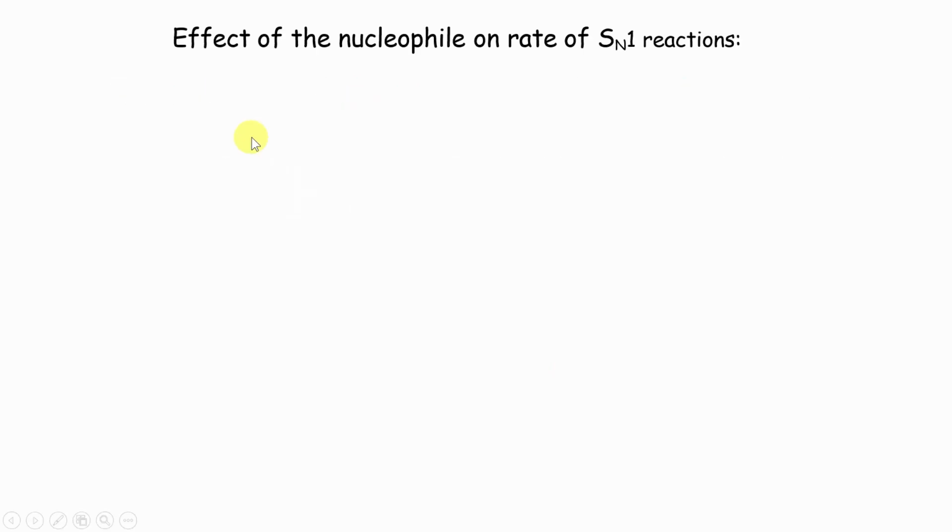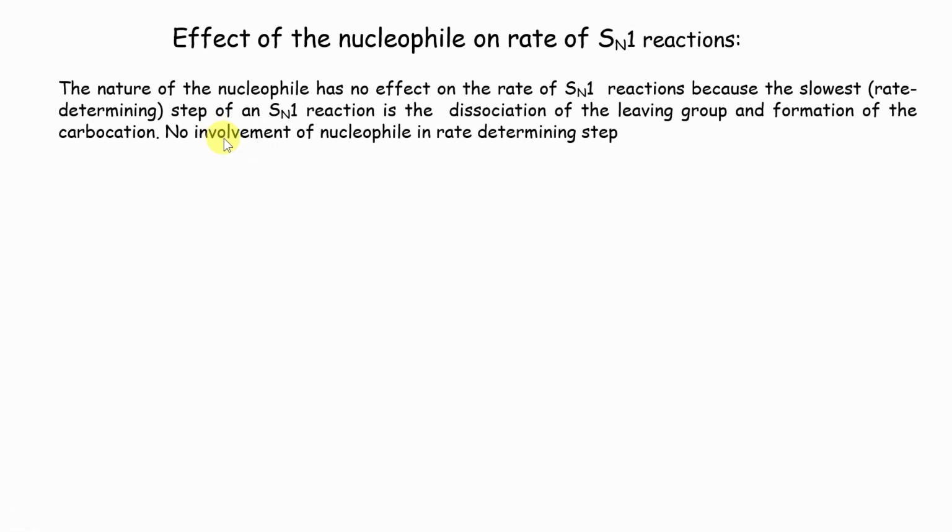Okay, how does the nucleophile influence the rate of SN1 reaction? You know, the nature of the nucleophile has no effect upon the rate of SN1 reaction, because the slowest, rate determining step is the dissociation of the leaving group and formation of the carbocation.